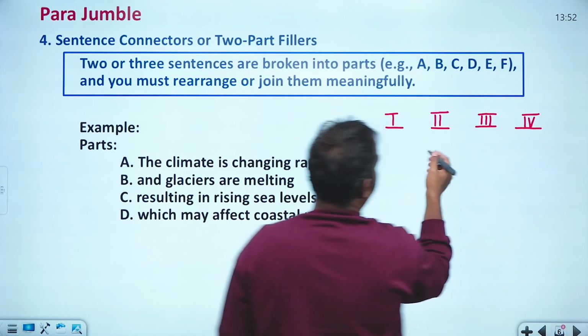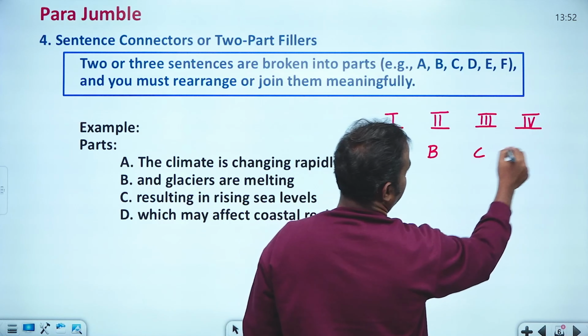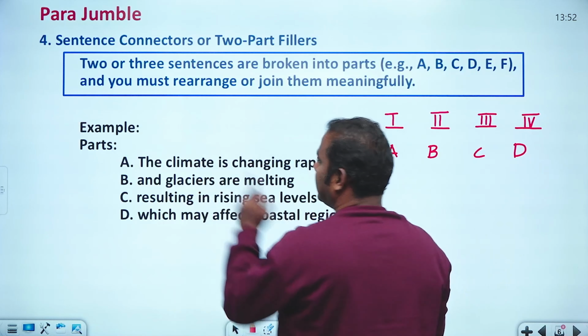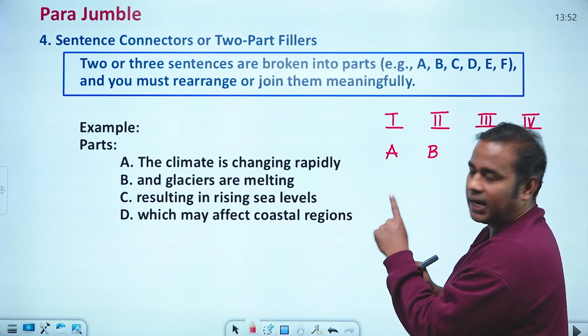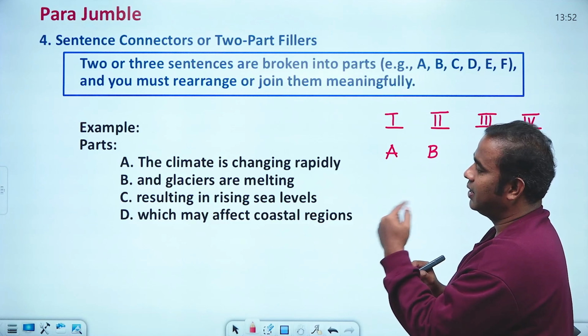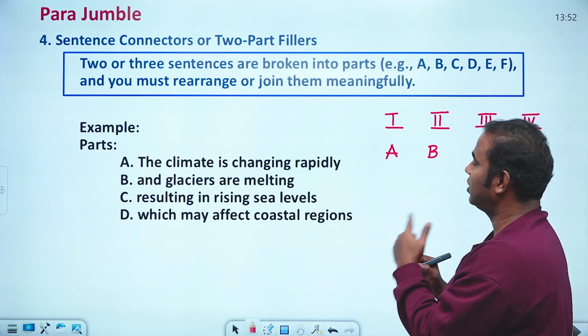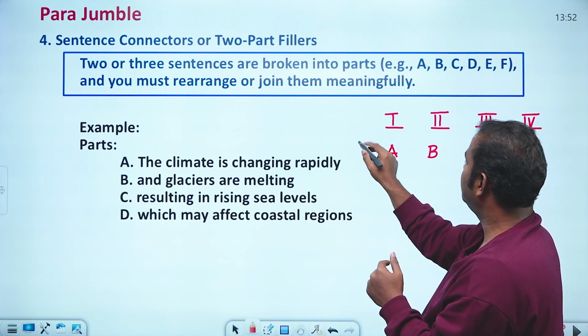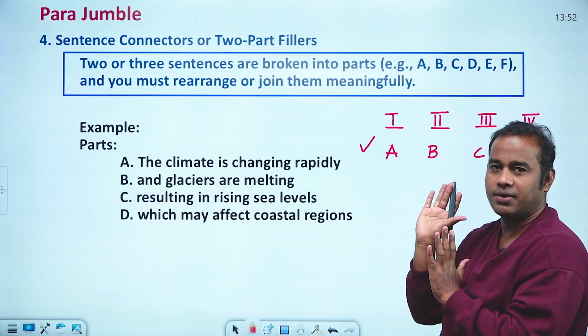In the first part, write A, B, C, D, and then read the sentence. The climate is changing rapidly and glaciers are melting, resulting in rising sea levels, which may affect the coastal region. This looks somewhat like the right answer.